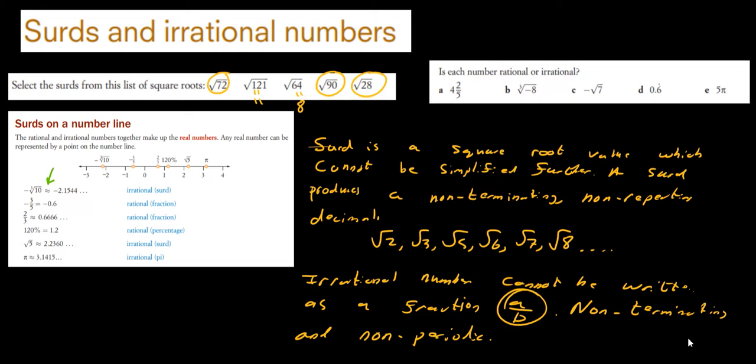So let's get rid of that. Root 72 gives a surd value of, an approximation rather, 8.4852 goes on forever.